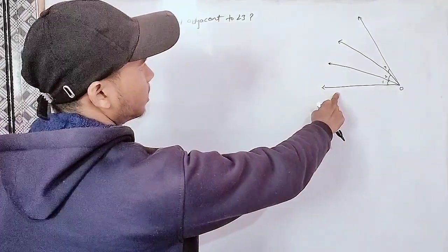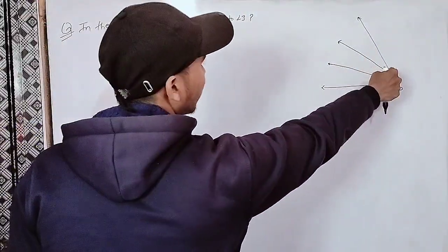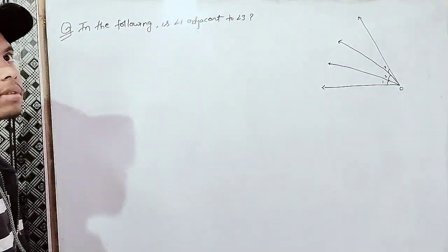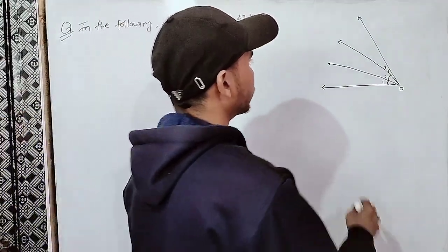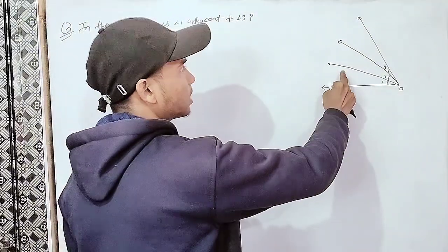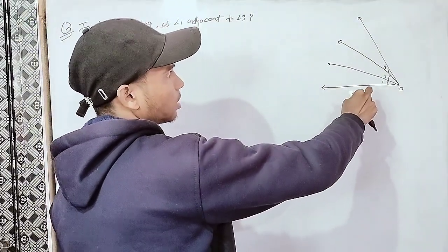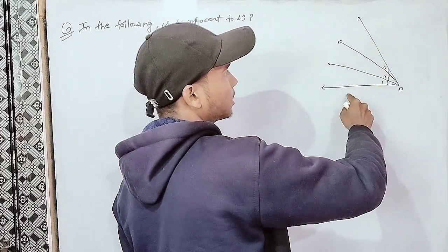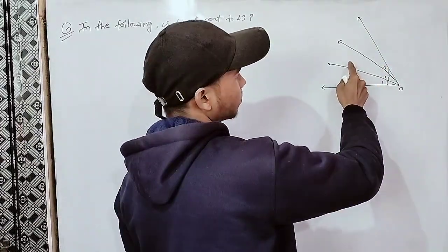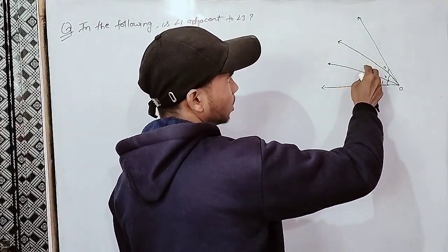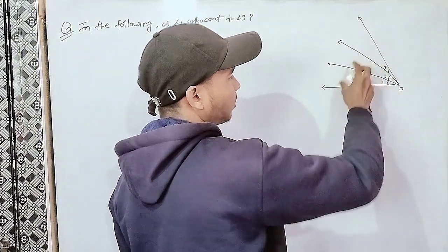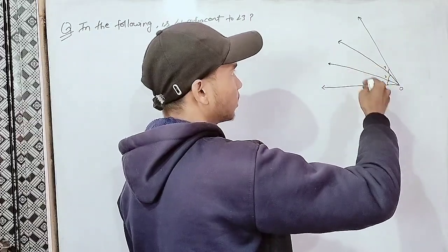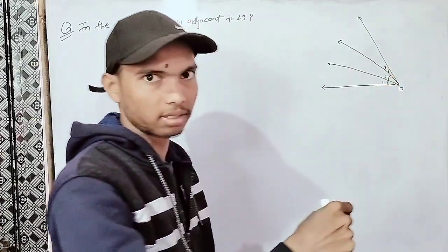And this is adjacent. But our question is asking about angle 3, so we have to identify. This is adjacent, this is opposite to the adjacent, and this is what? If we look, we don't have a common arm from the perspective of angle 3.